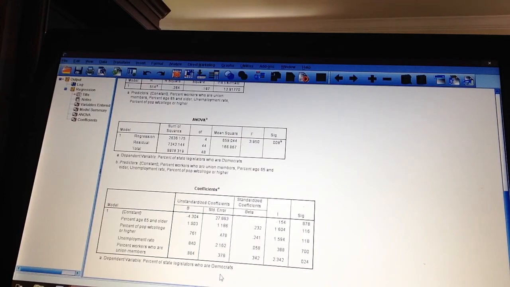We don't have anything about the minority population, and we know that impacts the vote. We don't have anything about the quality of the candidates in here, all right? So an R squared of 0.264 is not that bad, okay? I'm not going to give you any thresholds on the R squared. It's just important that you know that the R squared means if we know these 4 independent variables, the R squared is the percentage of outcomes that the 4 independent variables can predict of the dependent variable, okay?